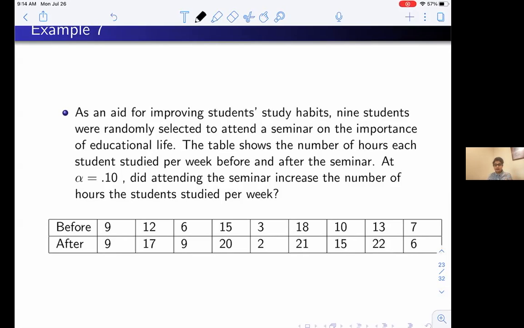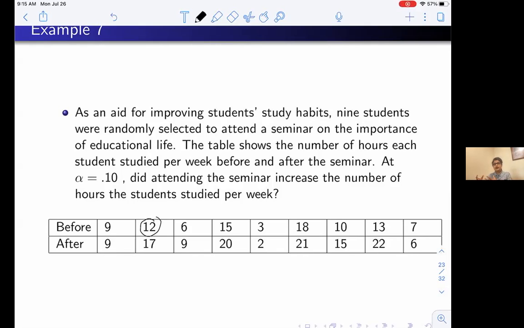These are the values in hours, the study hours given to you. In the 9 students, the first student was previously studying 9 hours, and after the seminar he was studying 9 hours. So there is no effect on the student even after the seminar. The second student was studying 12 hours before the seminar.